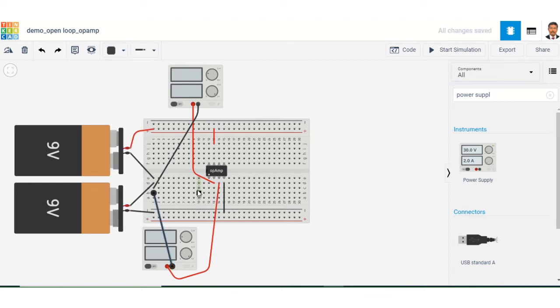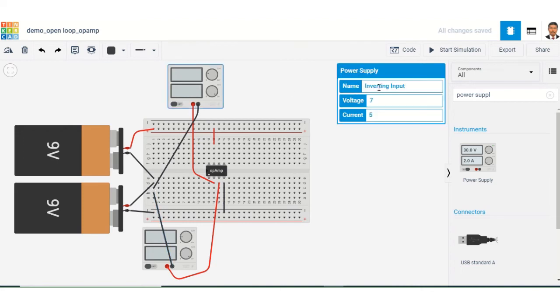All right, so now you see inverting input is given to the inverting terminal, and the non-inverting input is given to the non-inverting terminal, and the other terminal is given to the common. So now we have given the input, so it is left with measuring the output.